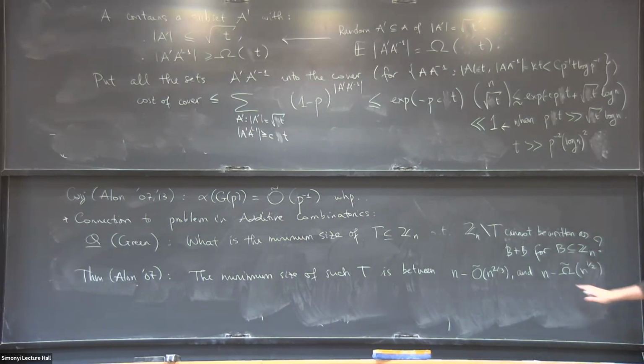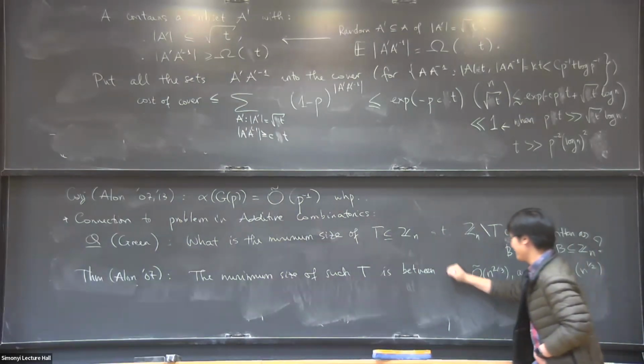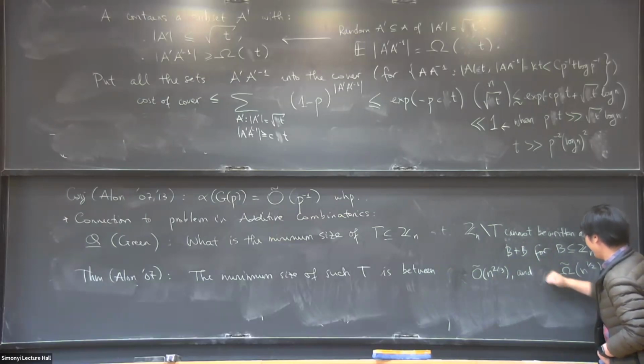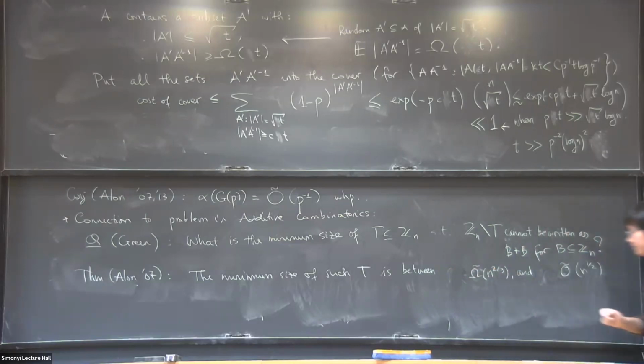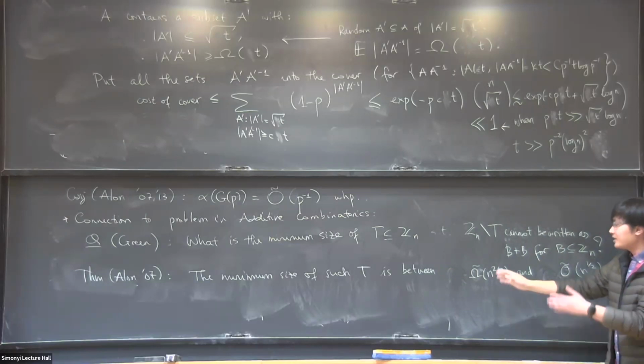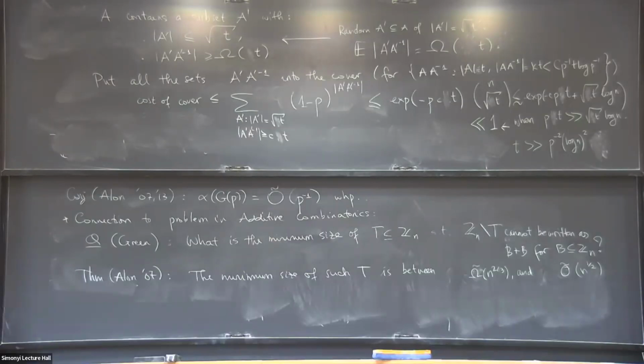Okay, so this in particular means that every subset of Zn. Sorry, I forgot that I just switched to complement. This means that every subset that is almost all of Zn, apart from around root n elements, you can always write in terms of a subset B plus B. And there exists a subset of Zn that misses around n to the 2/3 many elements that cannot be written as a subset B plus B.